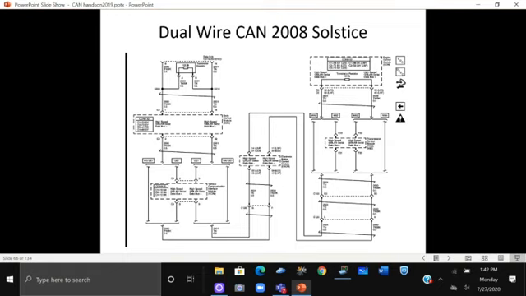I worked on a vehicle, it wasn't a Solstice, it wasn't a GM, I think it was a Suburban, where it wouldn't run anymore, and we wound up realizing that in the process of driving the vehicle, the owner had kicked the resistor and disconnected one leg of it from the connector, which is on a twisted pair. So the position of these things is not necessarily the best thing.